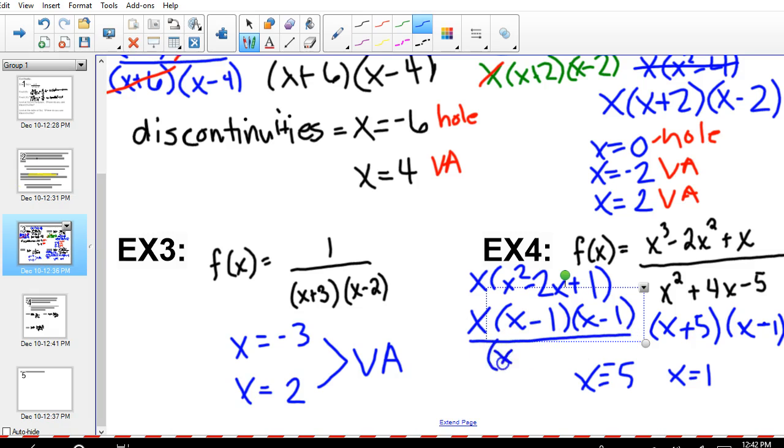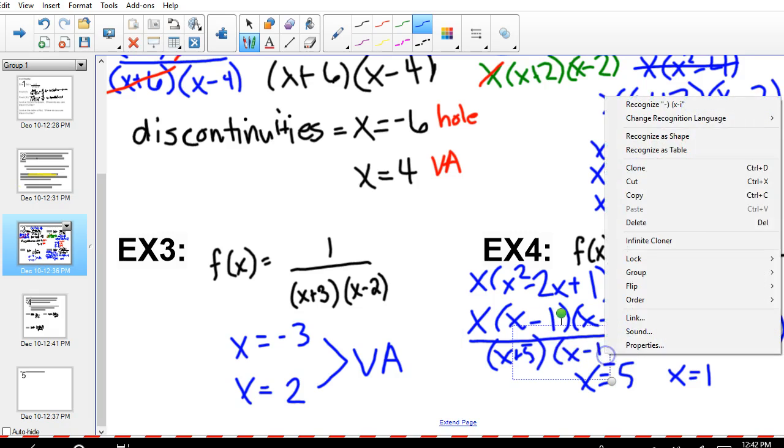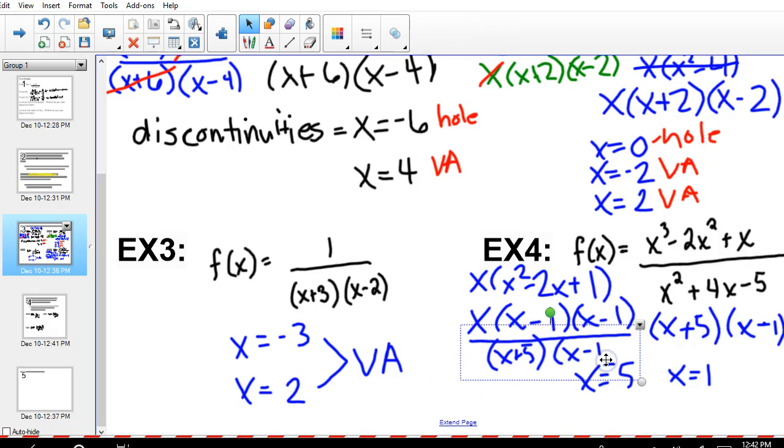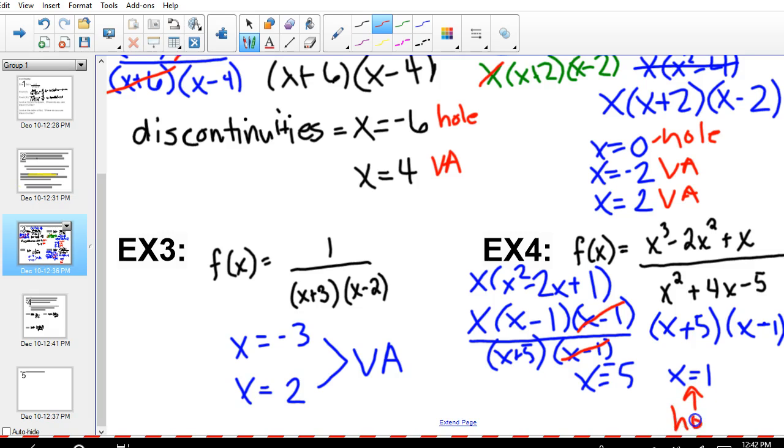Your denominator was x plus 5, x minus 1. So when we look at this, the x minus 1s can cancel. So that tells us that at x equals 1, we have a hole in the graph. But 5 does not cancel, so vertical asymptote for 5.